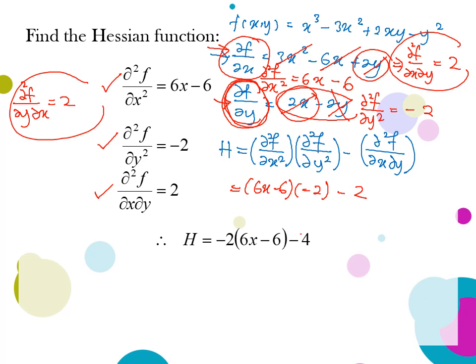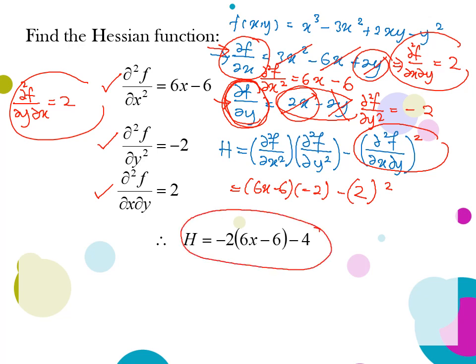Something wrong here. This should be 2, right? Yeah, it is 4, correct, because this is squared, I forgot. So this is squared. That's why you got 4 there. Alright, so this is your Hessian.